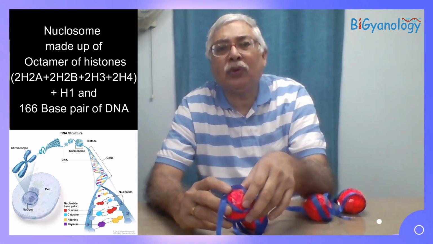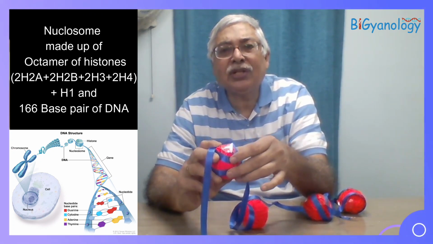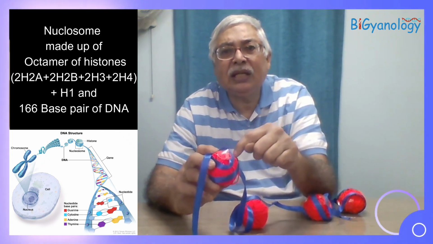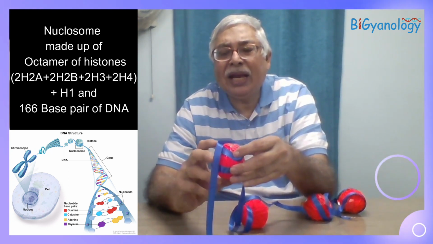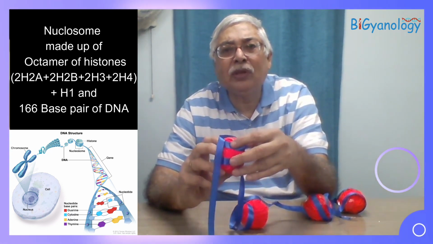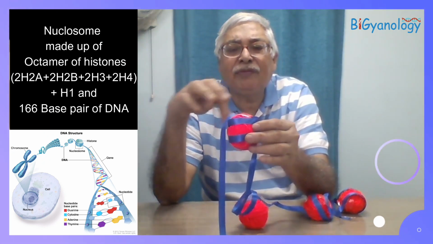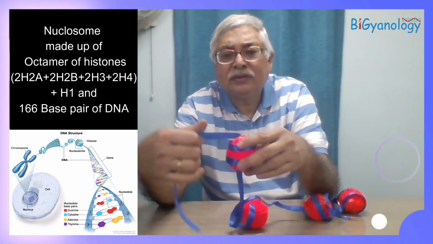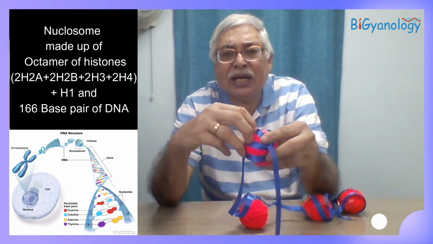Basic histone proteins make a round globular shape of H2A, H2B, H3, H4. Four histones make pairs and eight histones make a globular structure around which DNA is coiled. And then in the end, H1 attaches to it, and then the next one.